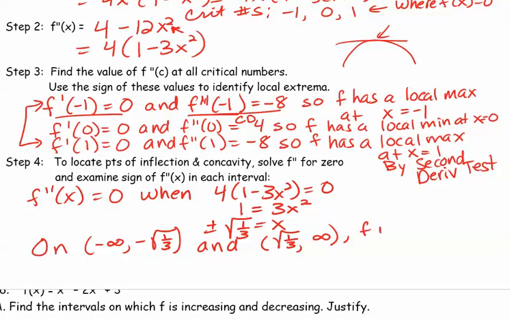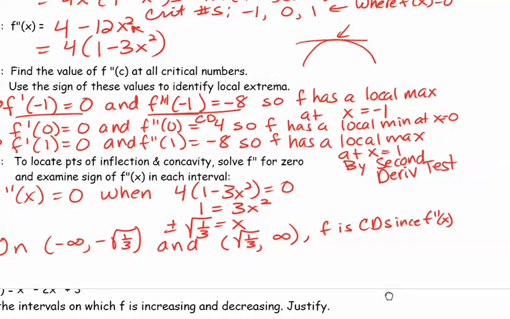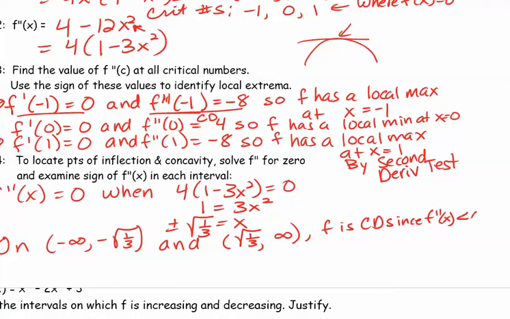So f is concave down since f double prime of x is less than 0. And in between, on the interval from negative square root of 1/3 to positive square root of 1/3.